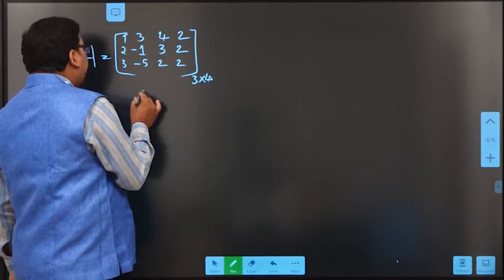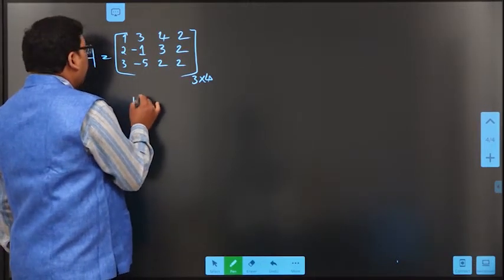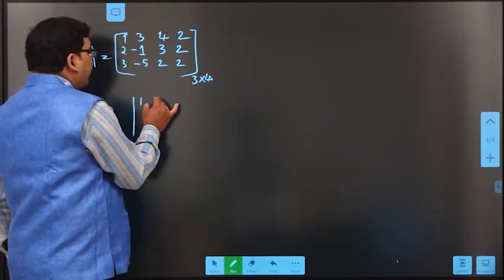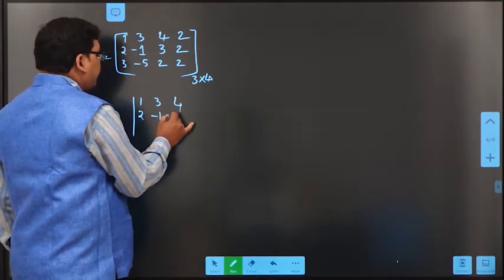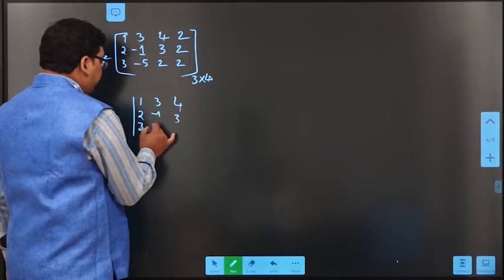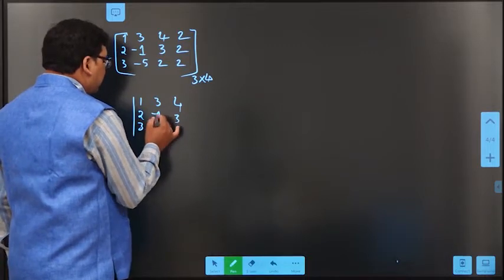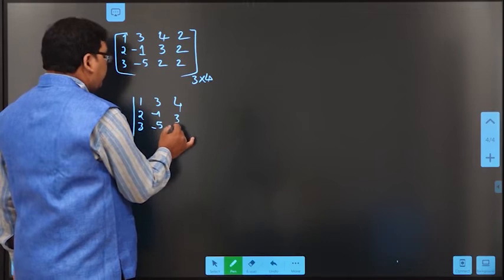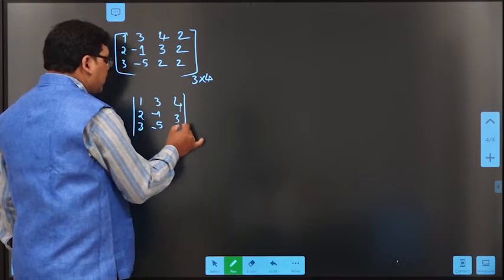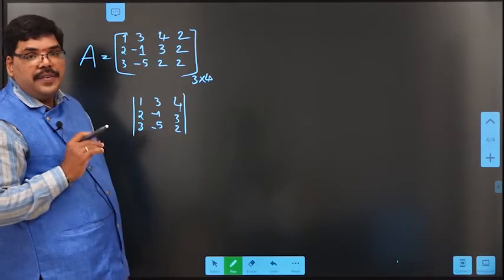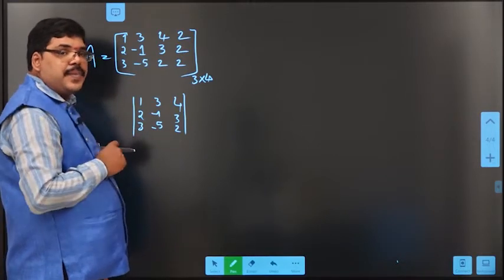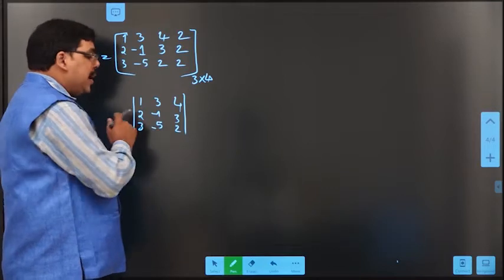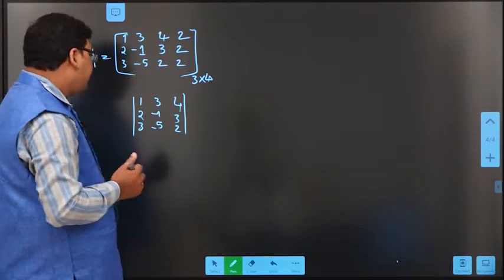See here, if I consider the first 3 columns, I will get this square submatrix and I want to find its determinant.